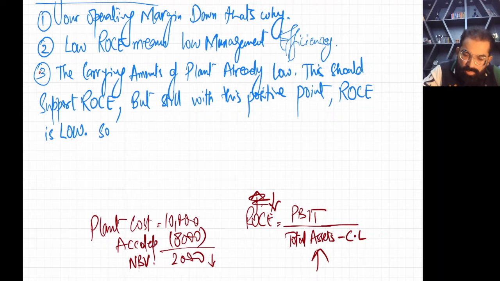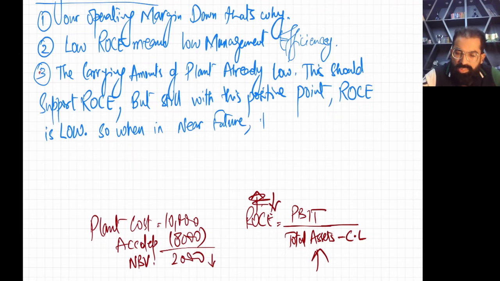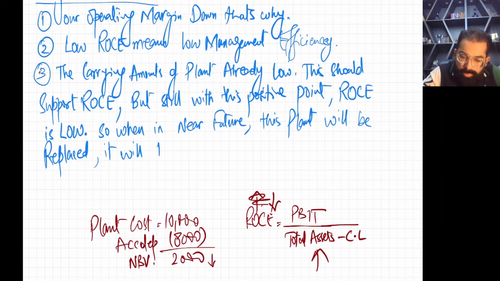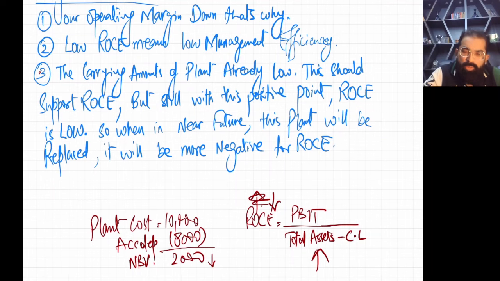So when in the near future this plant will be replaced, it will be more negative for ROCE. Not a difficult point, because I have explained it to you, and I even teach this routinely in my ratio class.